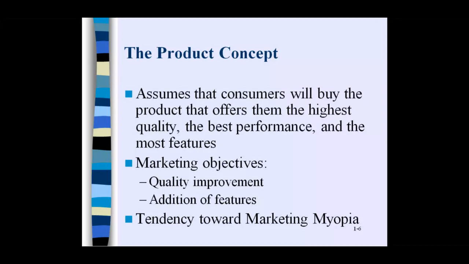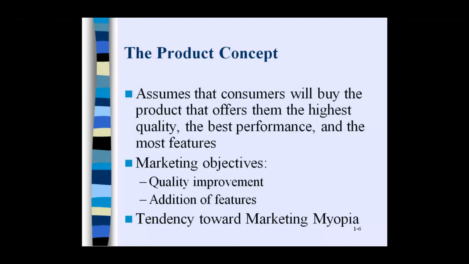The other concept is known as the product concept. It assumes that consumers will buy the products that offer them the highest quality, the best performance, and the most features. The production concept says that consumers are interested in economic products, but the product concept is in contrast with it.